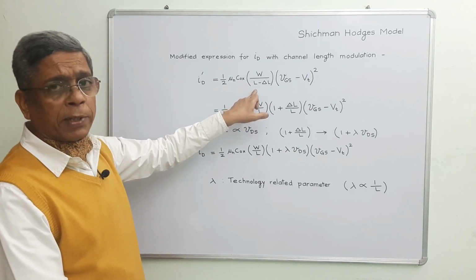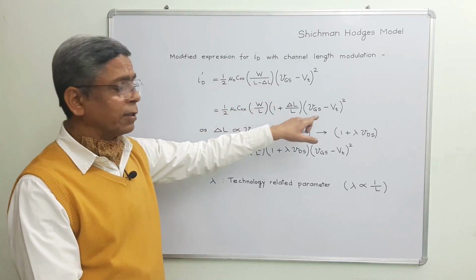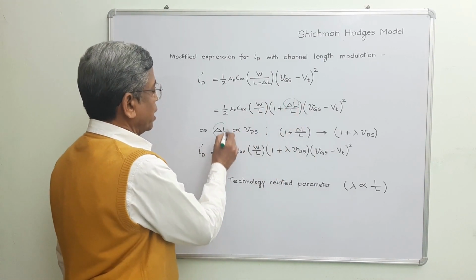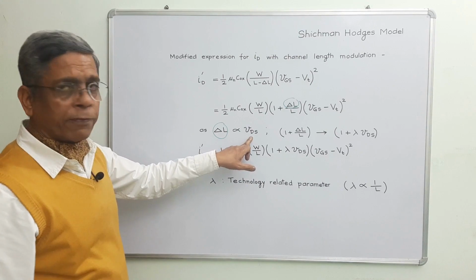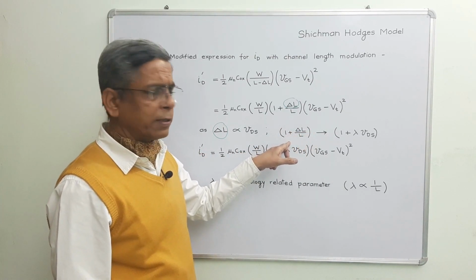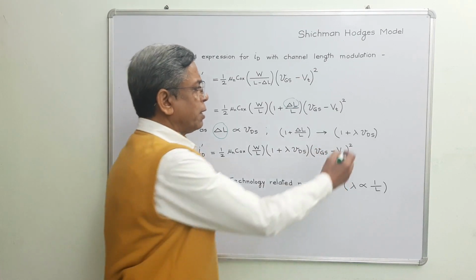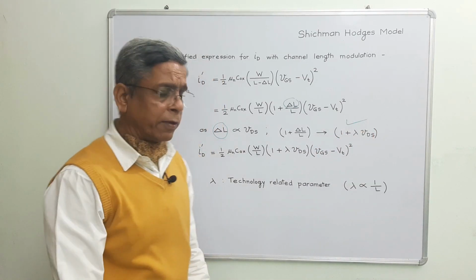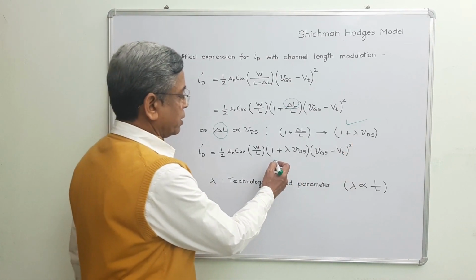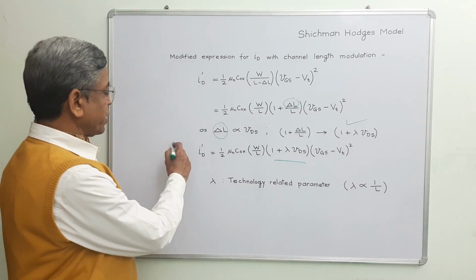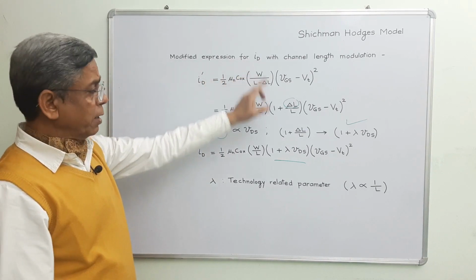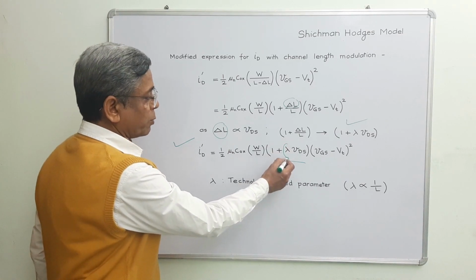After some mathematical modification, we arrive at this point, and this factor entirely depends upon the potential difference between drain and source. So putting this factor equal to this factor, you may call it a fudge factor, and including this fudge factor here, this expression is the modified expression for drain current with the channel length modulation factor.